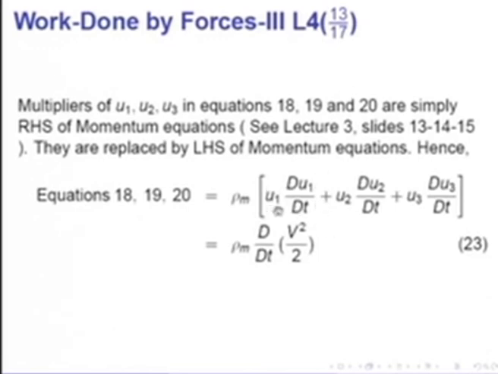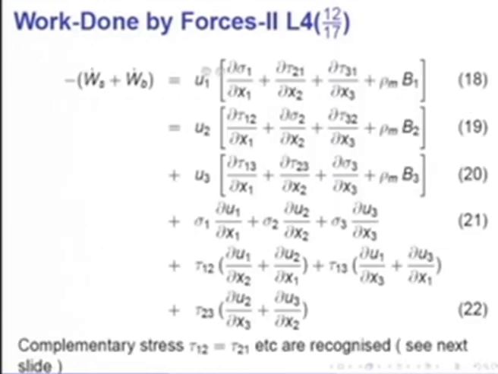So, left hand side was u1 du1 by dt into rho m, u2 du2 by dt and u3 du3 by dt, and this would simply be d u1 square by 2 dt, d u2 square by 2 dt and d u3 square by 2 dt, which we write as d v square by 2 dt into rho m. So, these are the first three terms that we have expressed.